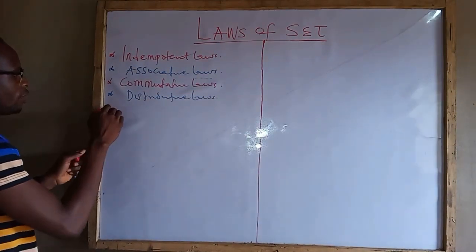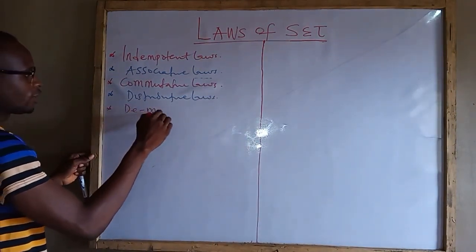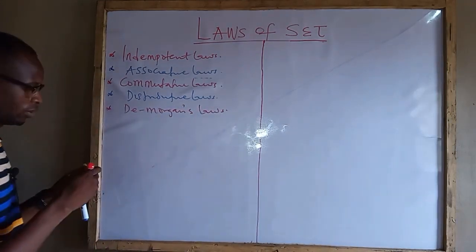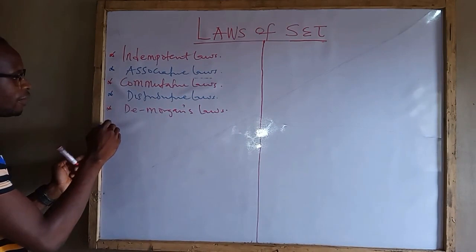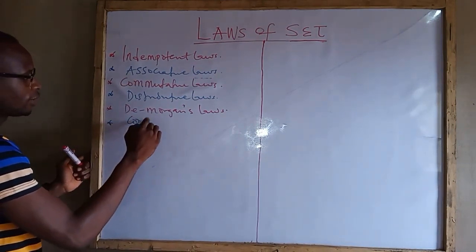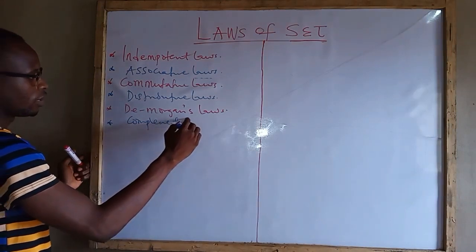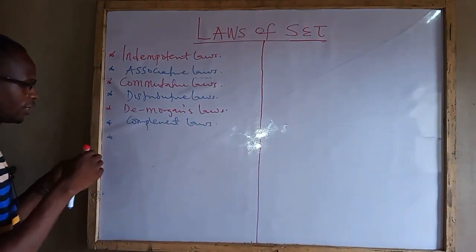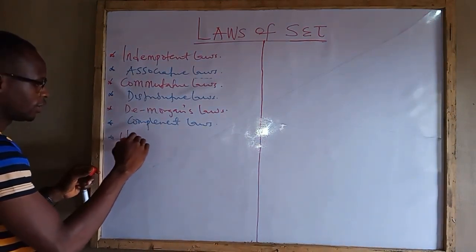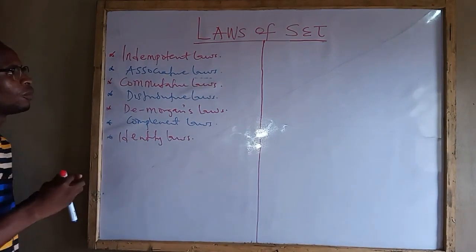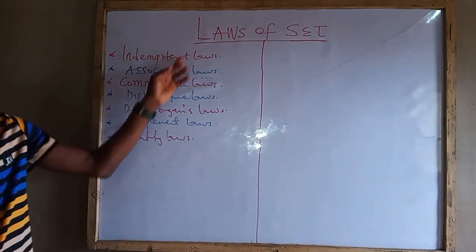We have the De Morgan's laws. We have the complement laws, and lastly we have the identity laws. But I'm only going to be taking these 3 for today.